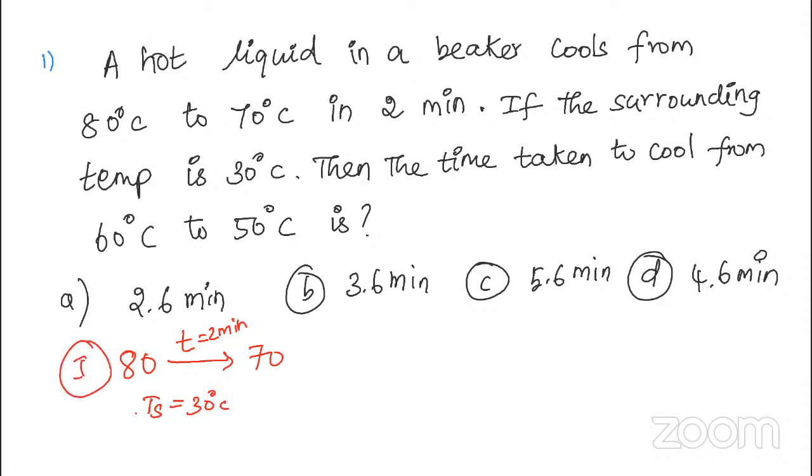And in the second step, the temperature variation is from 60 to 50. How much time does it take? That is the question. The same methodology you have to use. We have to use the second formula, substitute all the values and divide one over the other. Dividing 1 by 2, we get the result. You just try it.